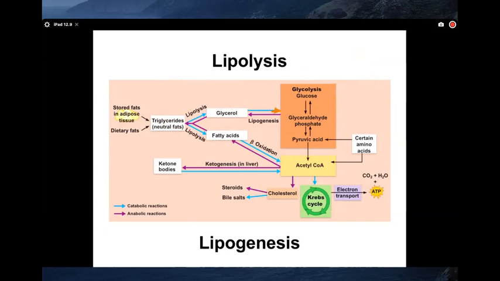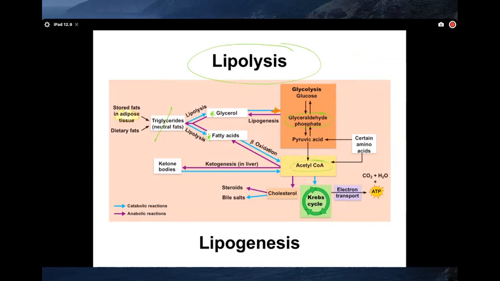So again, what we're looking at in here is how we produce energy breaking down the triglycerides by lipolysis. We did mobilize the triglycerides, the neutral fat, from the adipose tissue cells. Triglycerides are going to be broken down into glycerol and fatty acids. The glycerol is going to be transformed into glyceraldehyde phosphate.